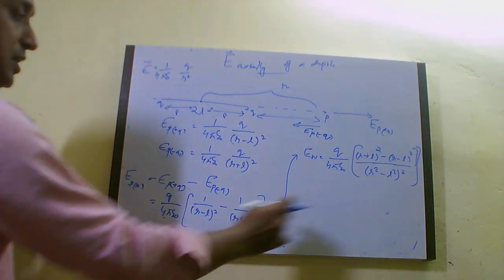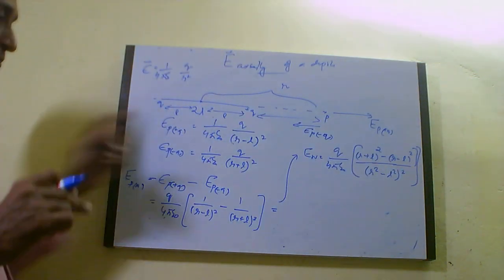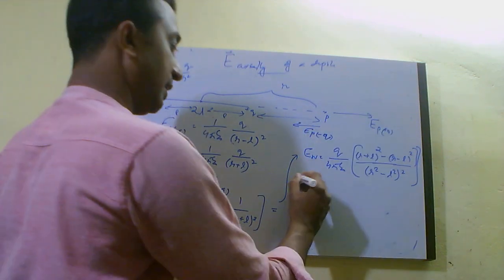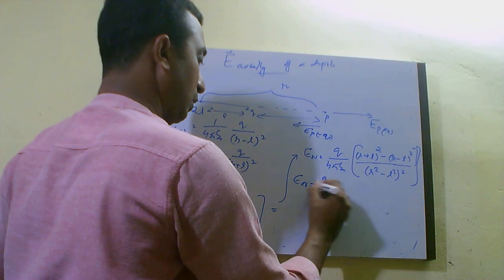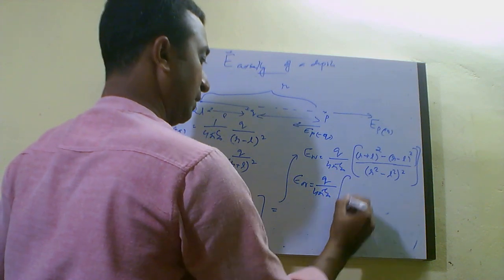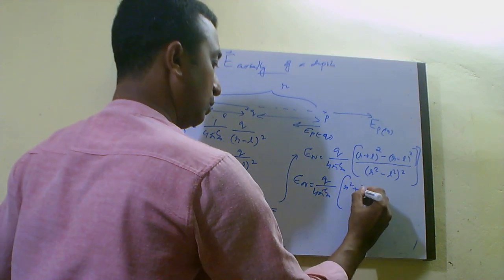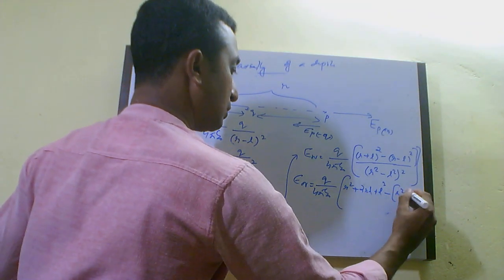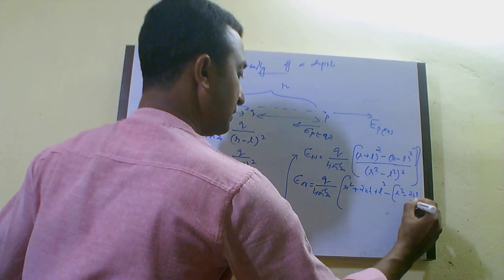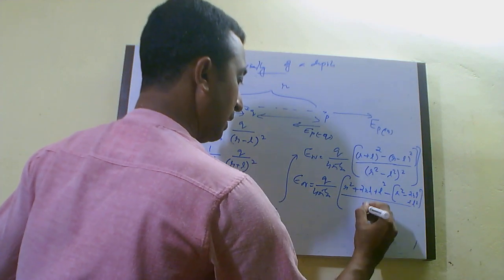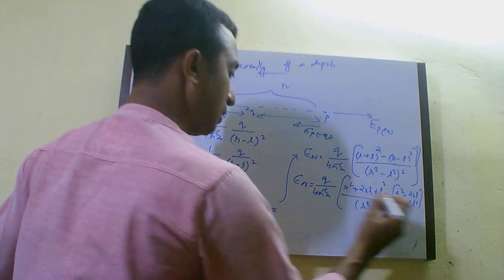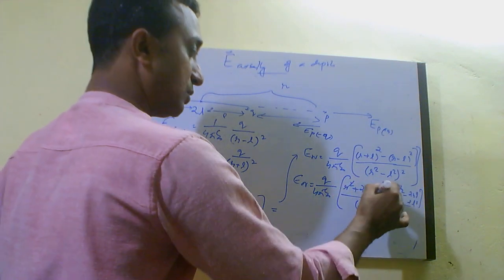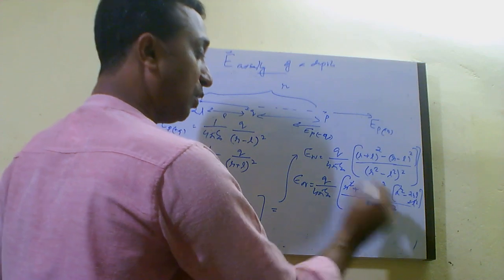So when you open the bracket, E net will be equal to Q by 4 pi epsilon 0, R squared plus 2RL plus L squared minus R squared minus 2RL plus L squared, by (R squared minus L squared) the whole squared. This negative will go inwards, R squared will cancel, L squared will cancel. You will have 4RL there.